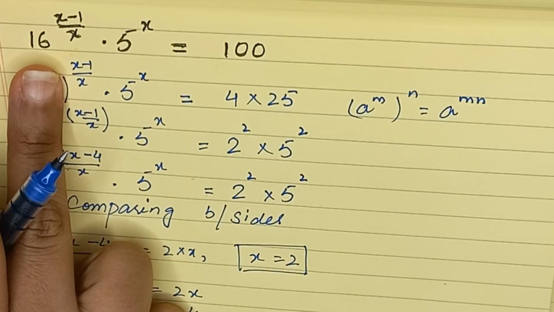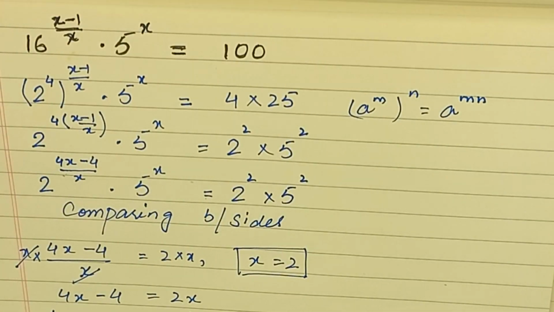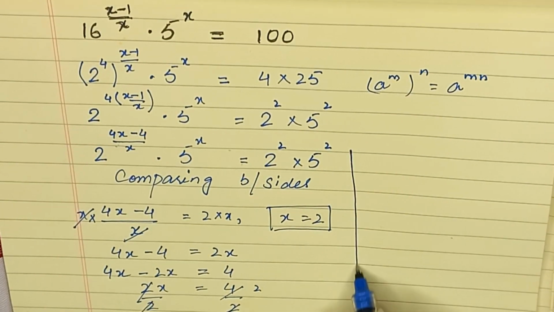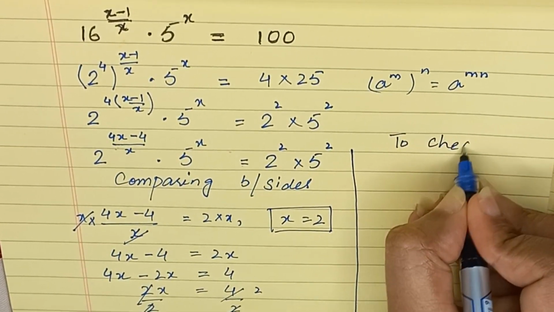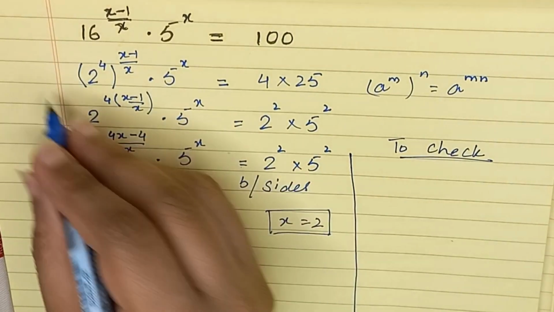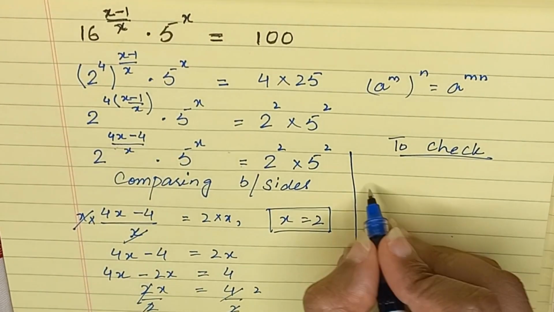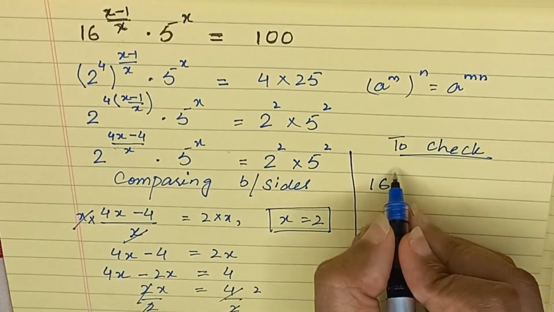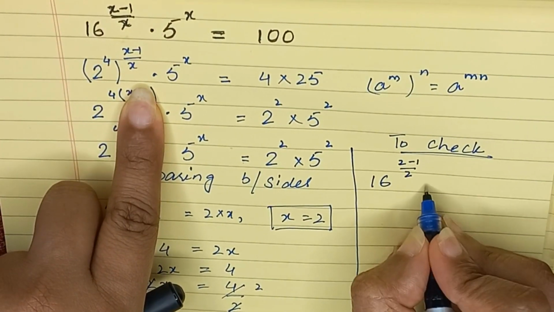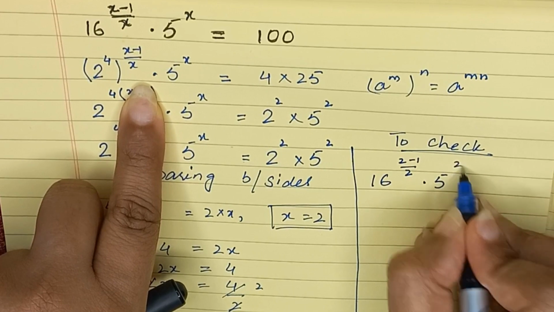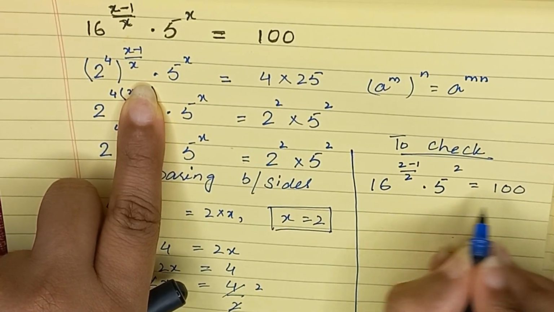Now we will check whether it satisfies our given equation or not. To check, here x is equal to 2. So 16 raised to the power (2 minus 1)/2, into 5 raised to the power 2, is equal to 100.